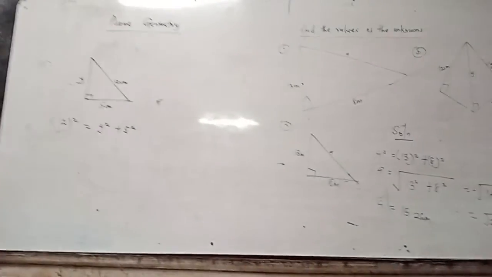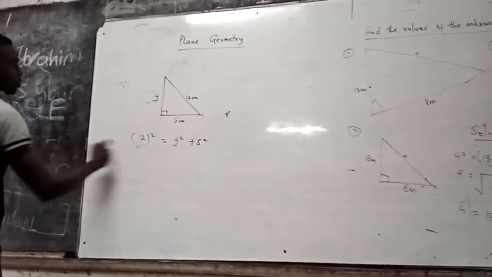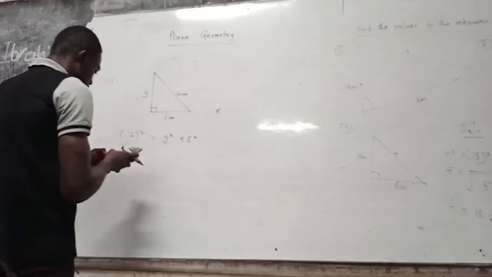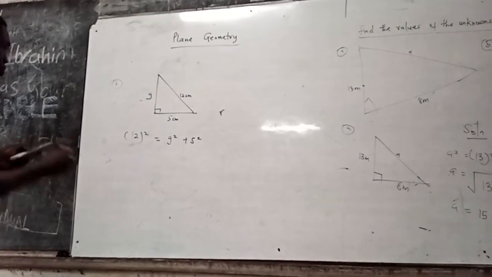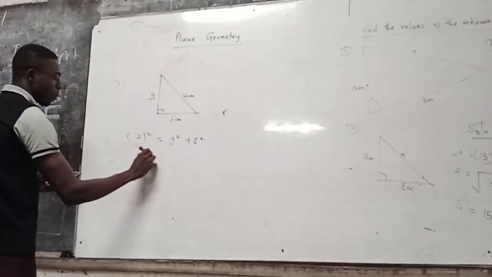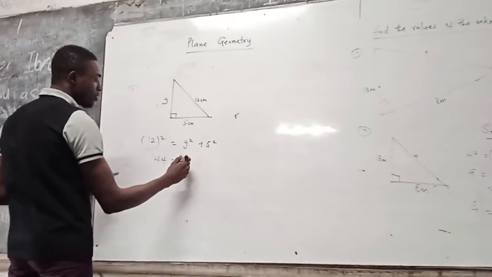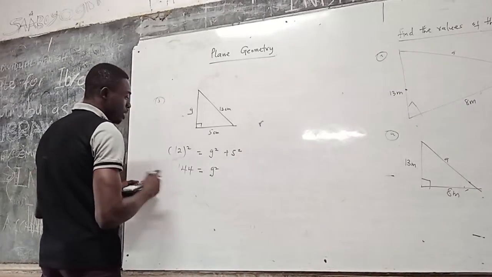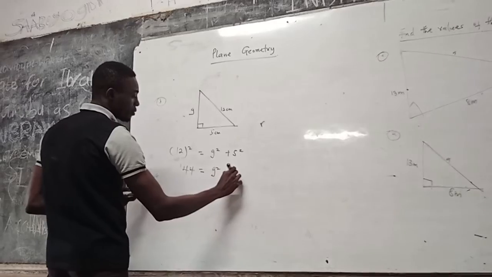So 12 squared is going to be 144, and 5 squared is going to be 25.